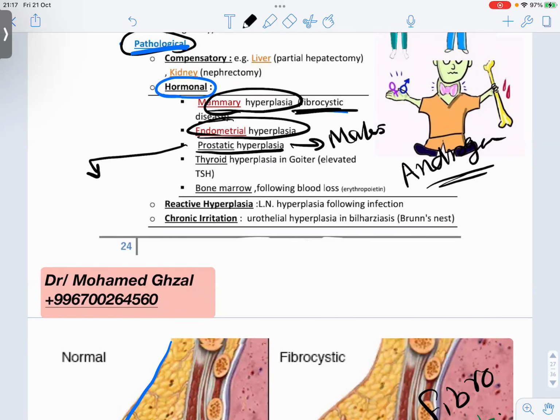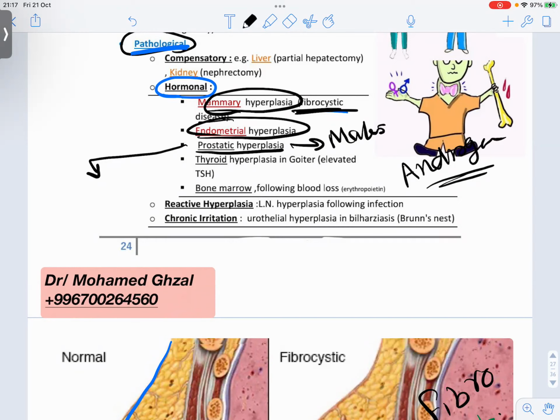Because prostatic hyperplasia occurs at 70 or 80 years old. So at 70 or 80 years old, of course, the old men don't have enough androgen like young people like you, because you have a lot of androgen, a lot of sex hormone, but after 60, 70 or 80 years old, you don't have enough androgen, enough sex hormones.